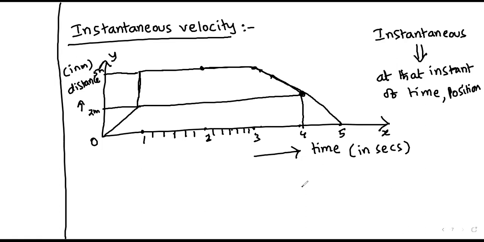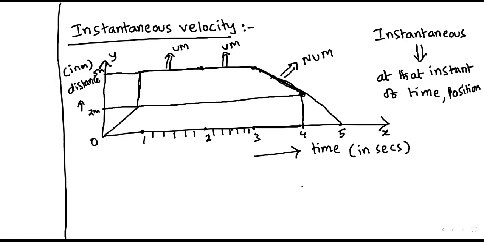So this can be called uniform motion. And here, as the time increases, the distance decreases. This can be called non-uniform motion. Again, we will get graphs in this chapter only. That is the meaning of uniform motion and non-uniform motion.